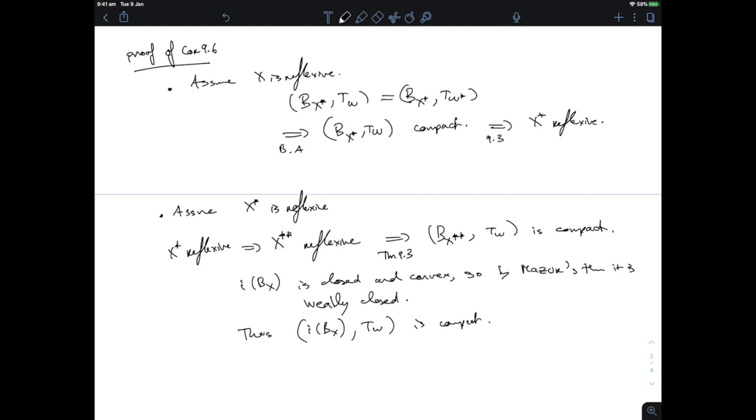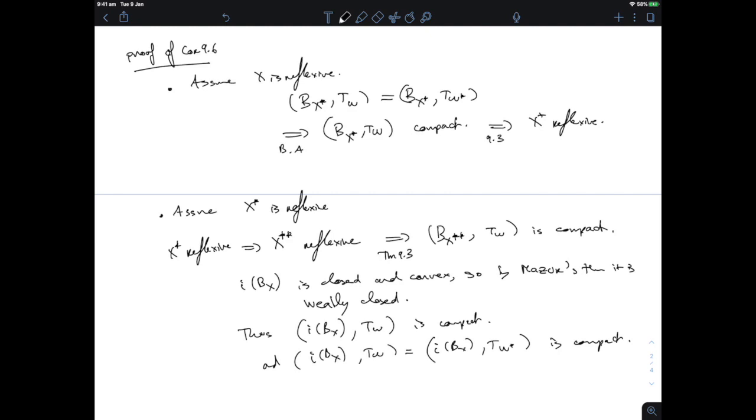Okay, but remember that X star is reflexive. So this I(B_X) with the weak topology is equal to I(B_X) with the weak star topology. Okay, because that's the same thing. So this is weak star compact, but the weak star topology on X double star is really the weak topology on X, right?